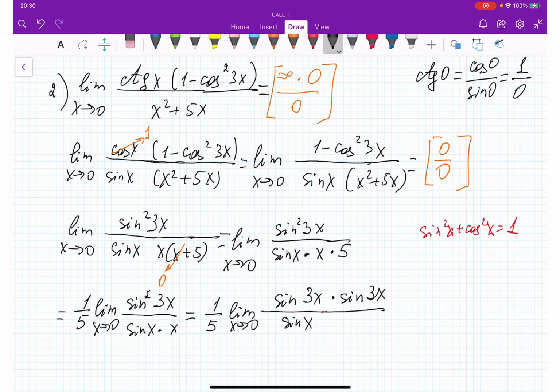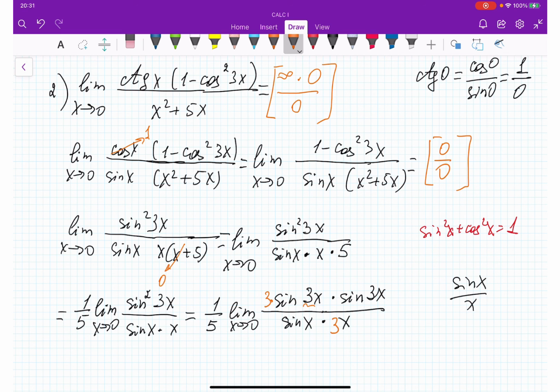Now I want to bring it to the format sine x over x, because we know the limit of it is going to be 1, right? So I have sine 3x, and in the denominator I have times x. So what I'm going to do, I need 3x, so here I multiply also by 3, right?